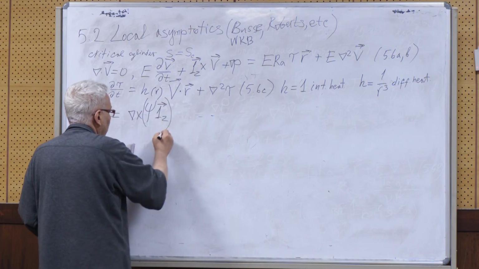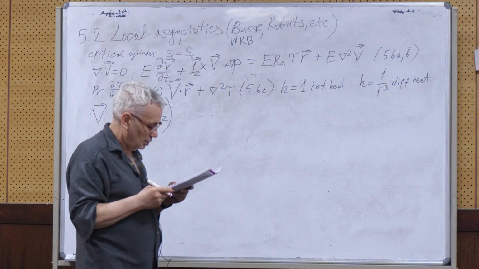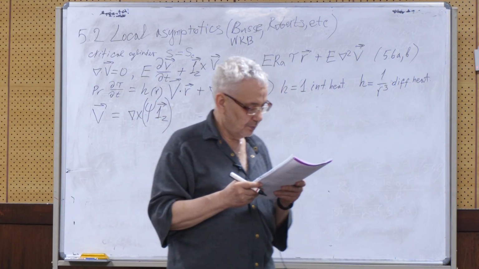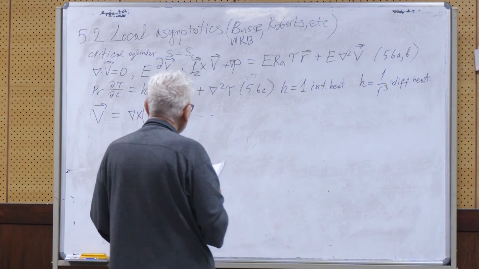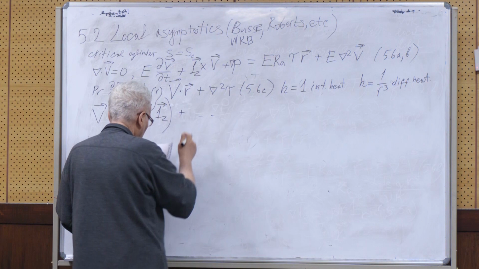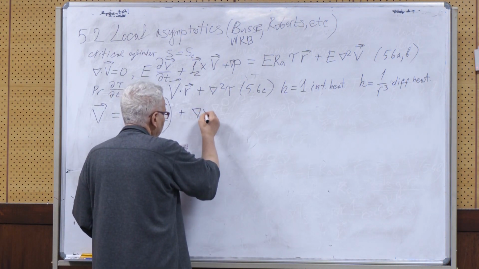And we define one component, if you like, the toroidal component of the velocity in this way. And in a similar way we define the poloidal component, which contains a double rotor.